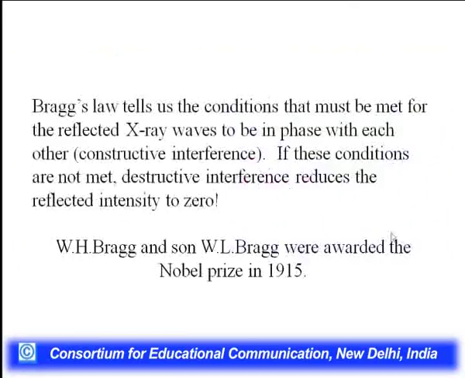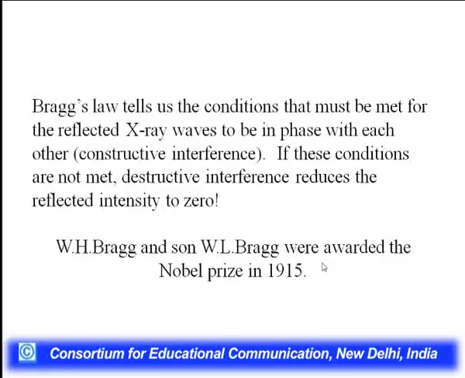Now, Bragg's law tells us the condition that must be met for the reflecting X-ray waves to be in phase with each other, so that they constructively form interference. If these conditions are not met, then we get destructive interference, which reduces the reflected intensity, and which will be 0.